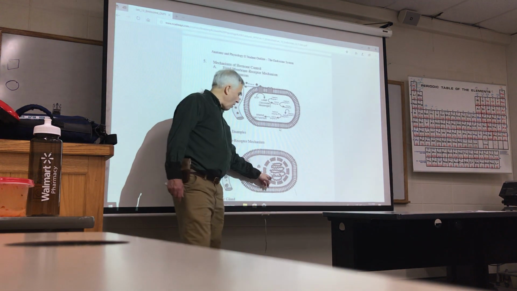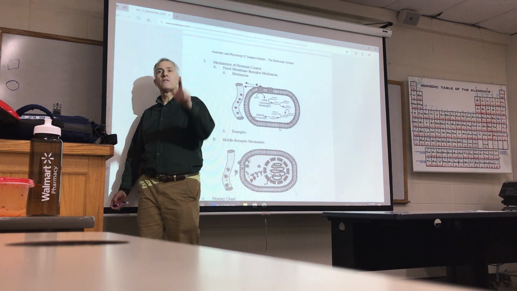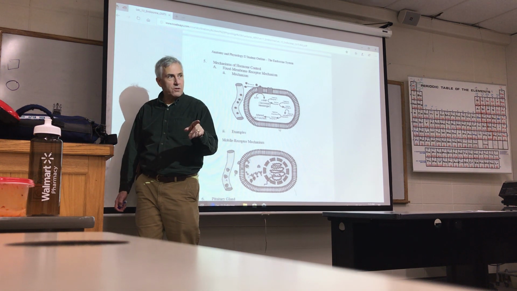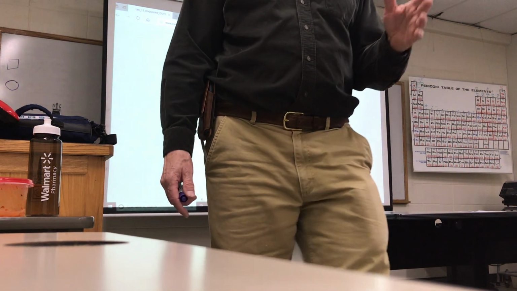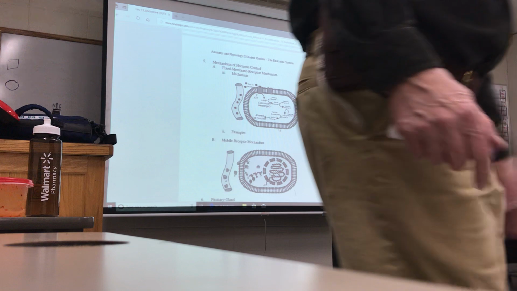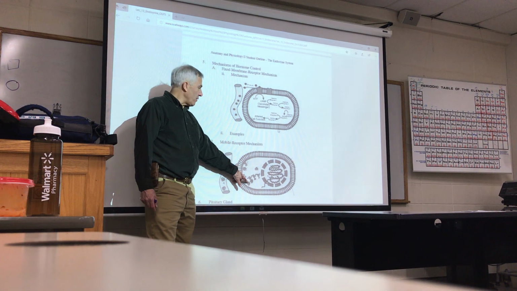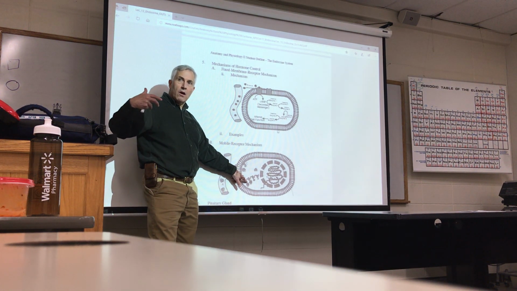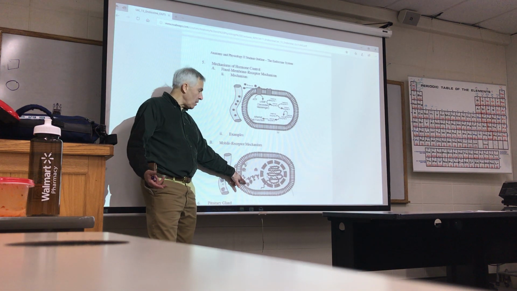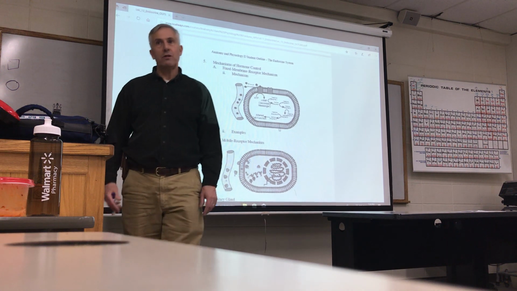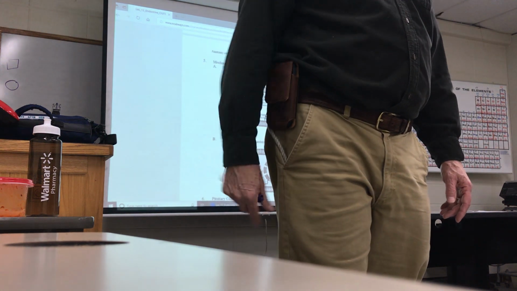Once I get my messenger RNA, it now goes into the cytoplasm, and there I have my ribosomes, and the ribosomes now do the process of translation. And what it's going to translate, of course, could be enzymes, and the result is a metabolic pathway will go at a faster rate. Or it could be a structural protein, or it could be something else that's going on, but I'm now going to have an altered cell function. In other words, whatever that cell does, it's now going to do it at a greater rate.